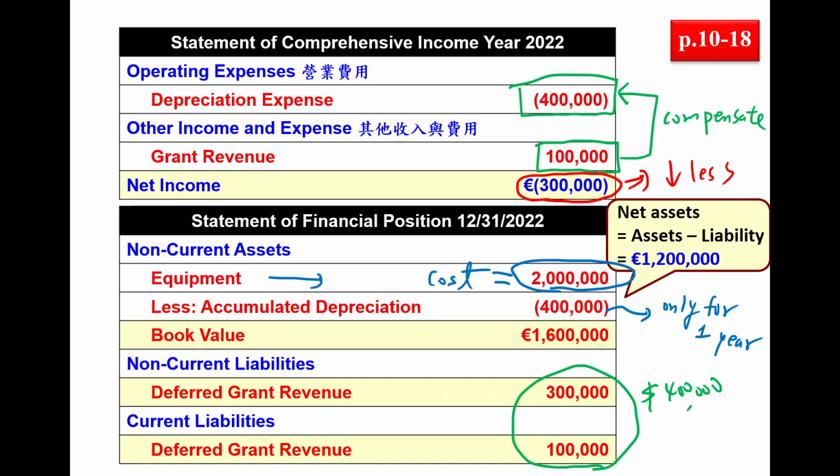So after that, what's your net assets? 资产净额. Remember, net always means something minus something. So what's that? Assets minus liabilities. So your assets 1.6 million minus your liabilities 400,000. So that's right. Our net assets are only 1.2 million.